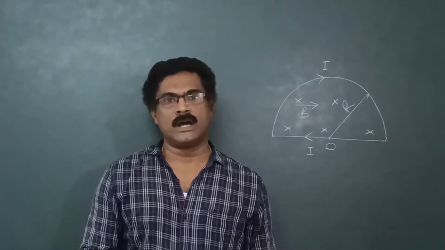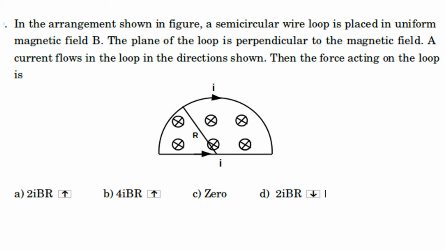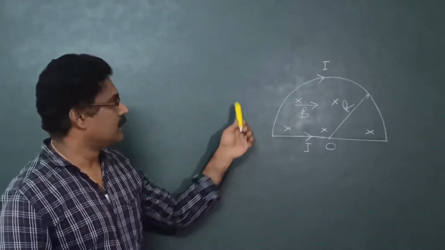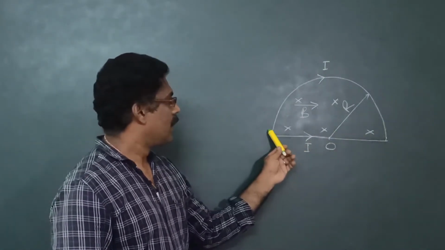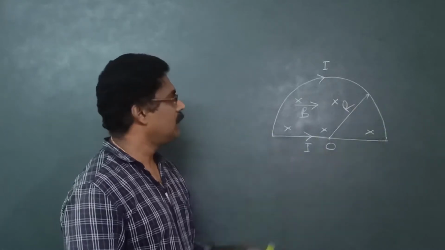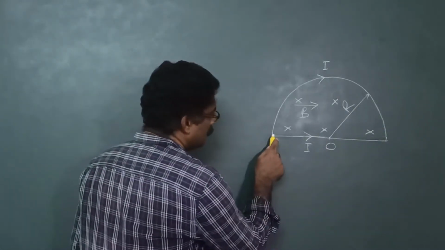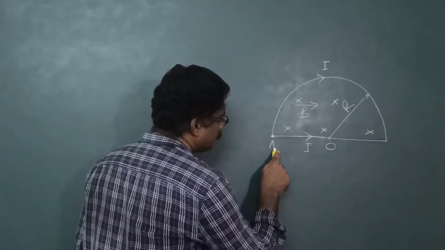Now we can move to the next question. The question is given like this. A current loop is given, but the current is flowing like this.